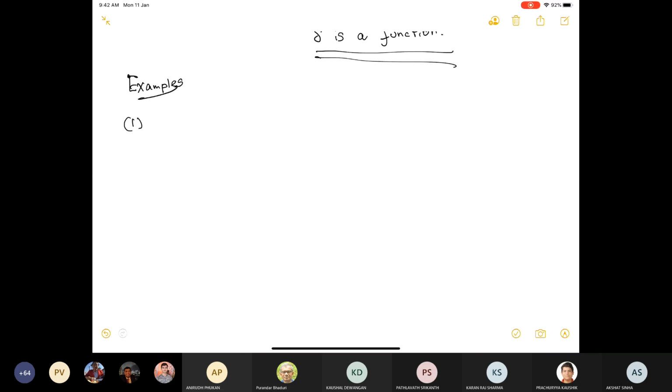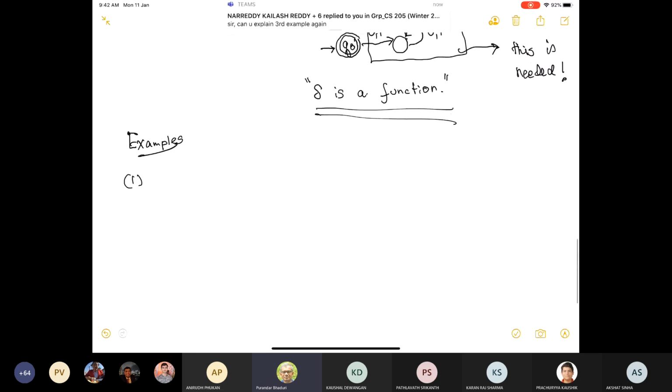Third example again? Which third example? This one.